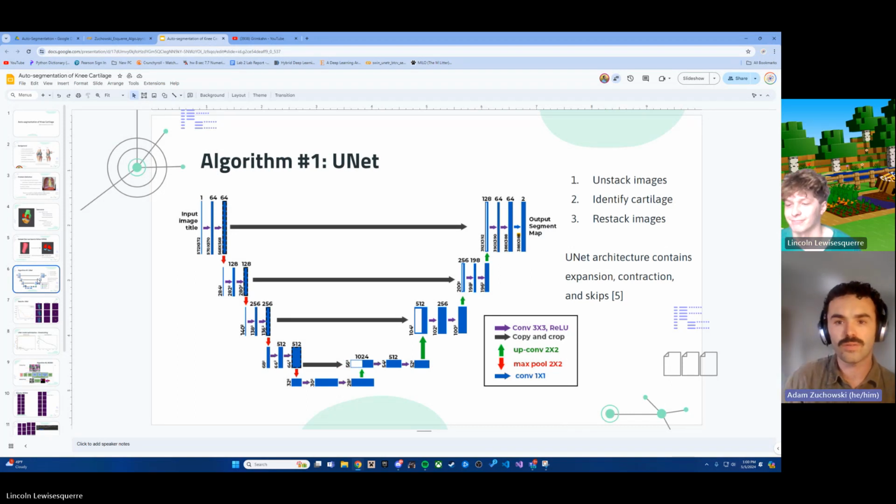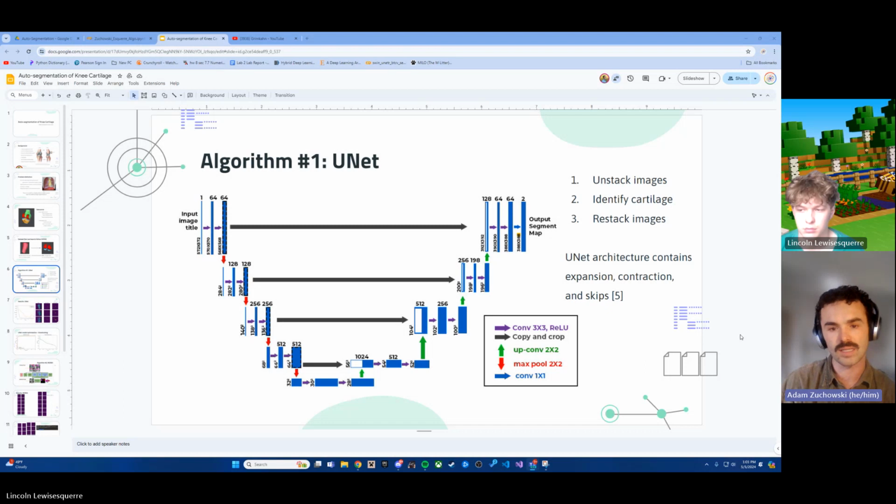We implemented a few different ways of doing this. The first one that we looked at is called UNet, and this architecture is one that's pretty commonly used for medical image analysis. UNet has three main components. The first is the contracting pathway, which downsamples your images through a series of convolutions and poolings.